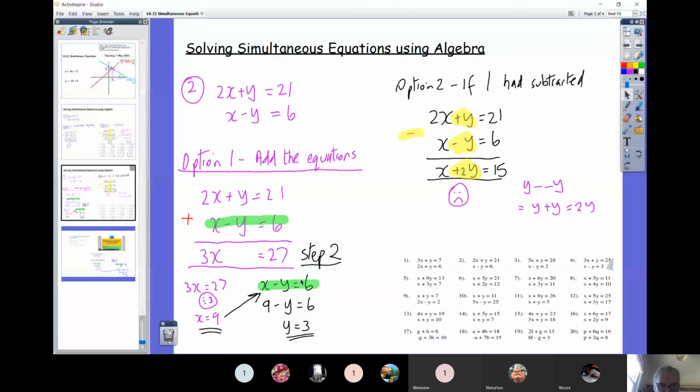So for this question here, when we chose to add them, we get x equals 9. And this step 2, where you go back and take one of the original equations, gave us y equaling 3.